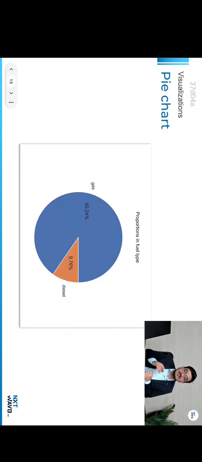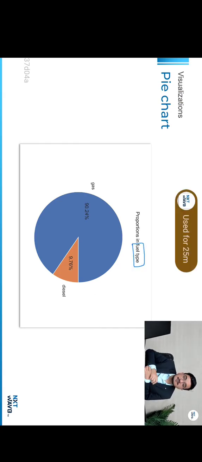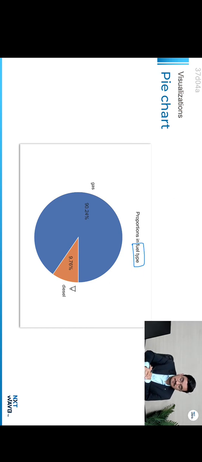Now let's understand the pie chart. A pie chart represents the distribution of data with respect to categories. Here, fuel type is a categorical variable, and this pie chart represents the distribution of cars for different fuel types.